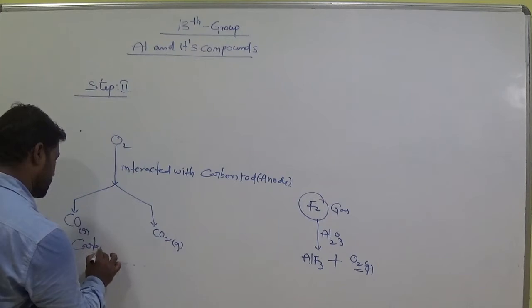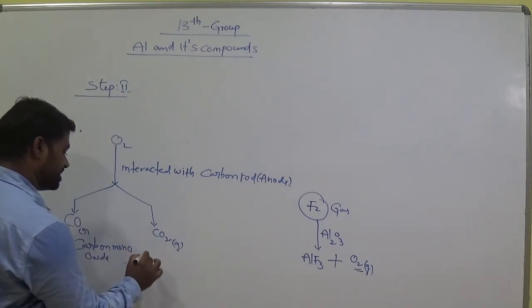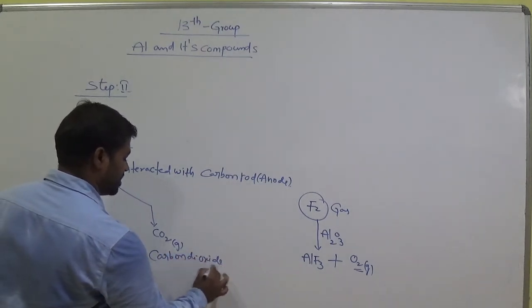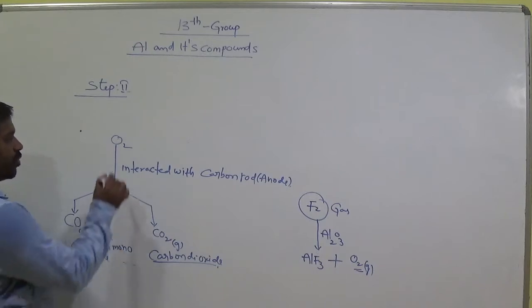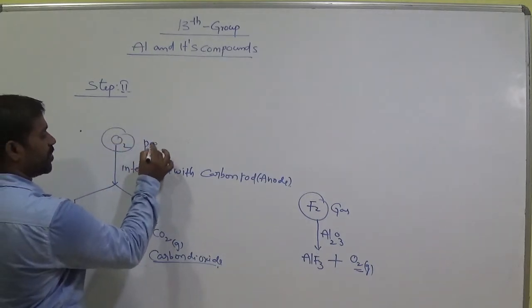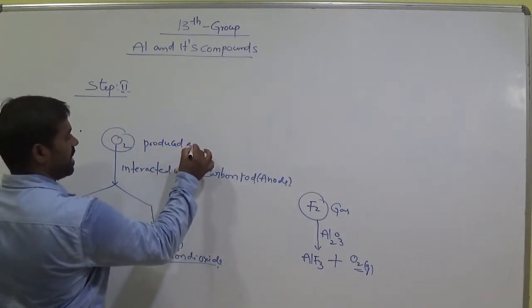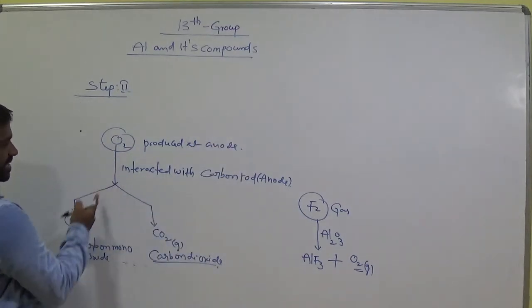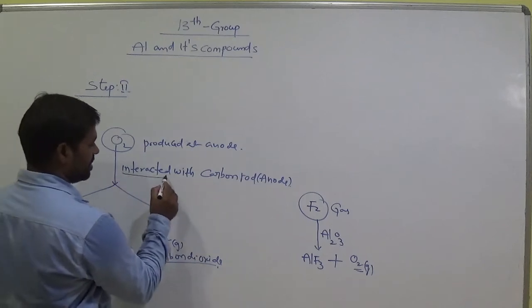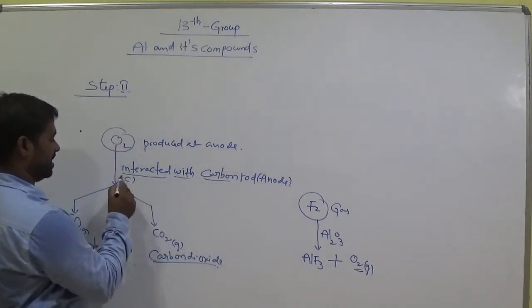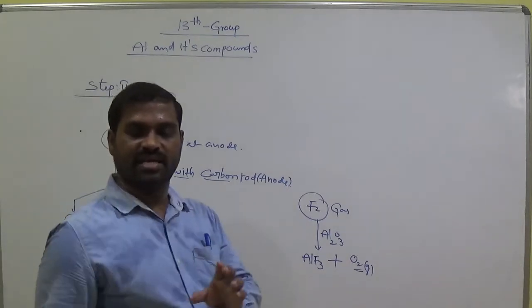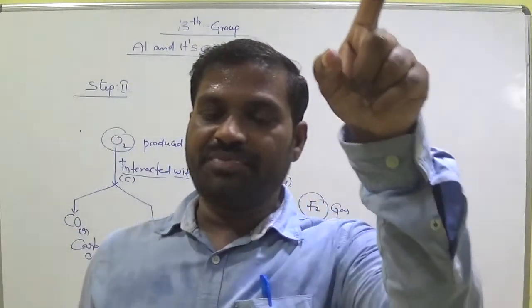Carbon monoxide, and this is carbon dioxide. So O2 is produced at the anode, and O2 attacks the carbon rod: C plus O2 gives CO and CO2. Okay, is it clear? But we need aluminum, which is already obtained at the cathode.